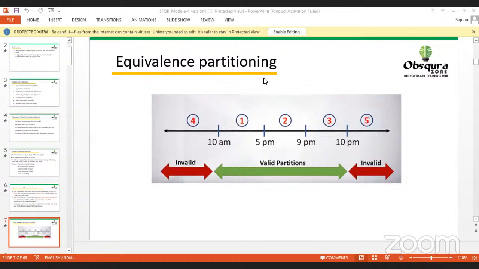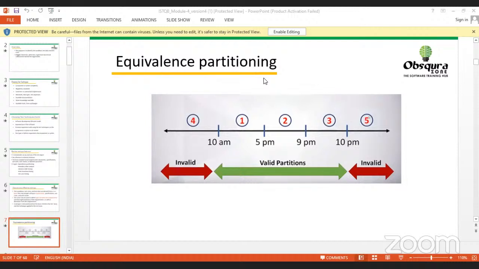Or you can do it like 10 to 30, 30 to 40, then 40 to 50, like that. That is also possible. So there is no compulsion that we need to follow some intervals or anything like that. That depends upon the tester.